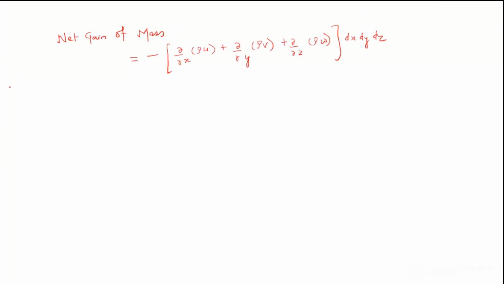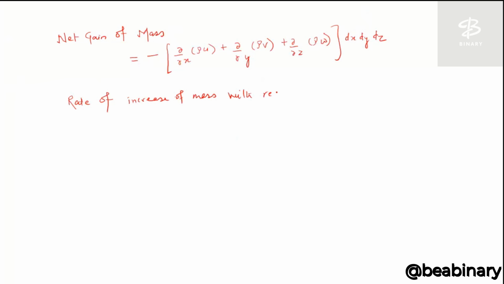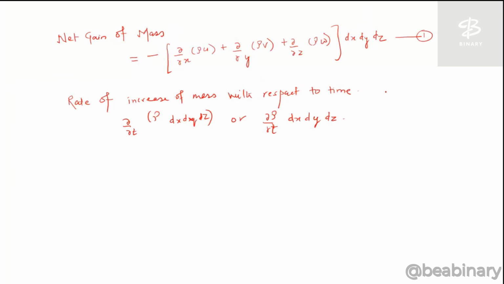The rate of increase of mass with respect to time is del by del t of rho dx dy dz, or we can write del rho by del t dx dy dz.